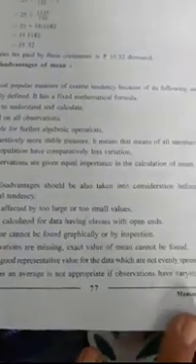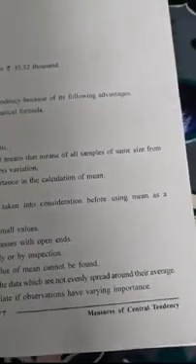Mean is not a good representative value for data which are not evenly spread around their averages. Now what they are telling is, mean is not a proper term to find the averages when the observations are spread too far.